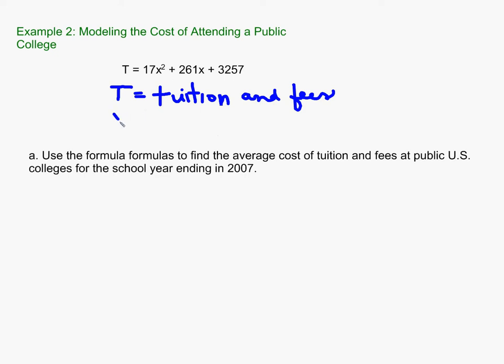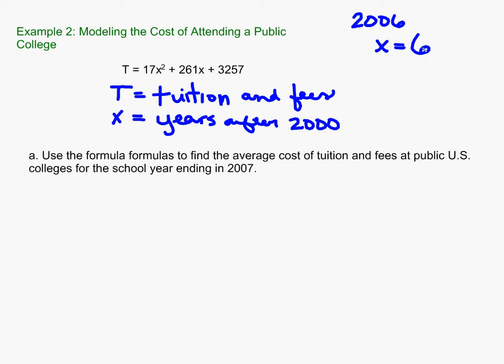And then x is equal to years after 2000. So for instance, if they gave you 2006, x would be equal to 6 because that's the number of years after 2000.